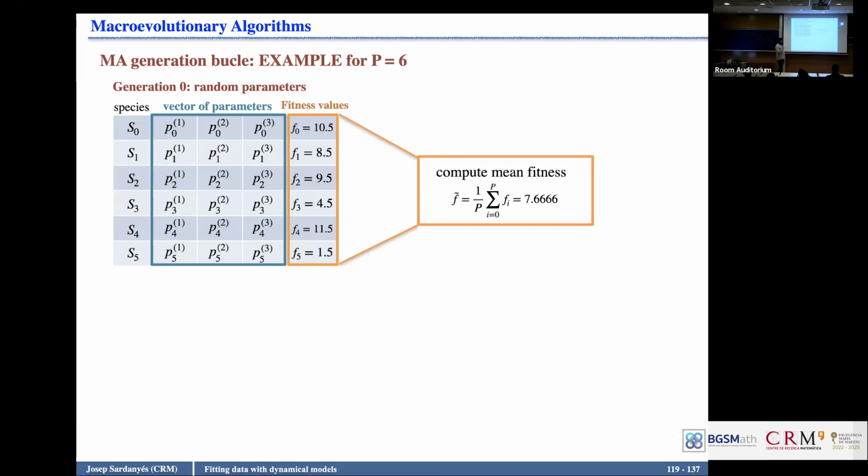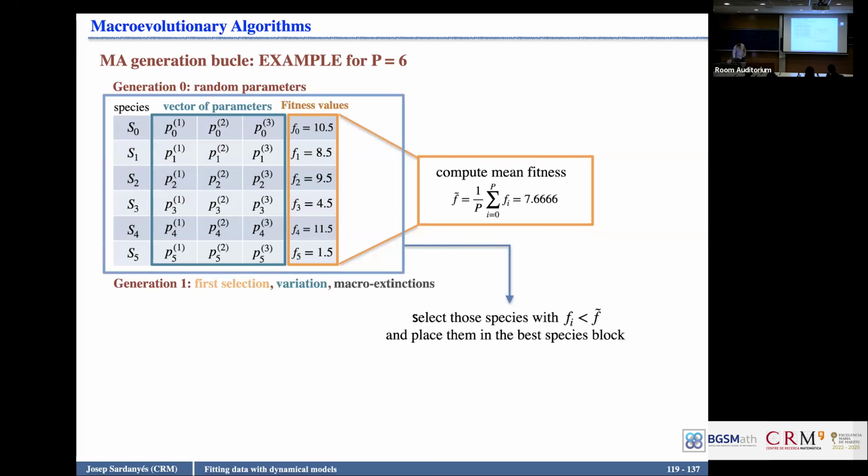Here I compute this matrix of interactions globally, and I compute the mean fitness of all the populations, because I need to start with something. This mean fitness is 7.66666. So at generation 1, I do selection, variation, and macro extinctions.